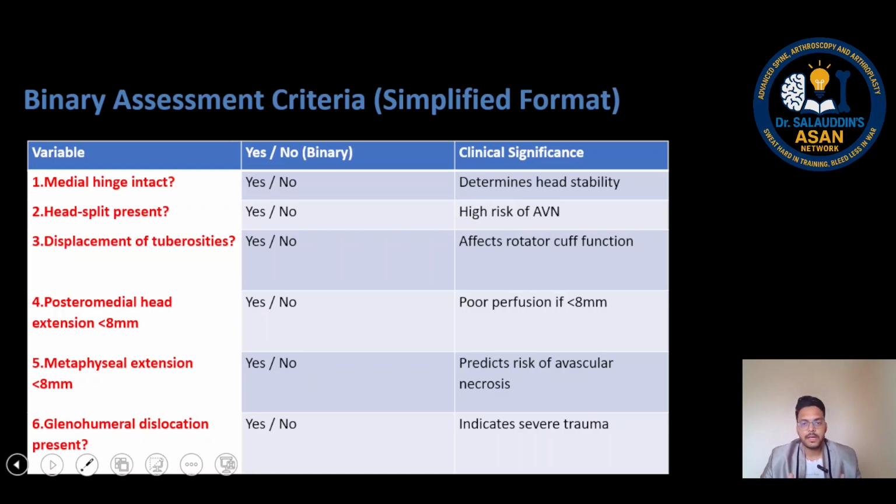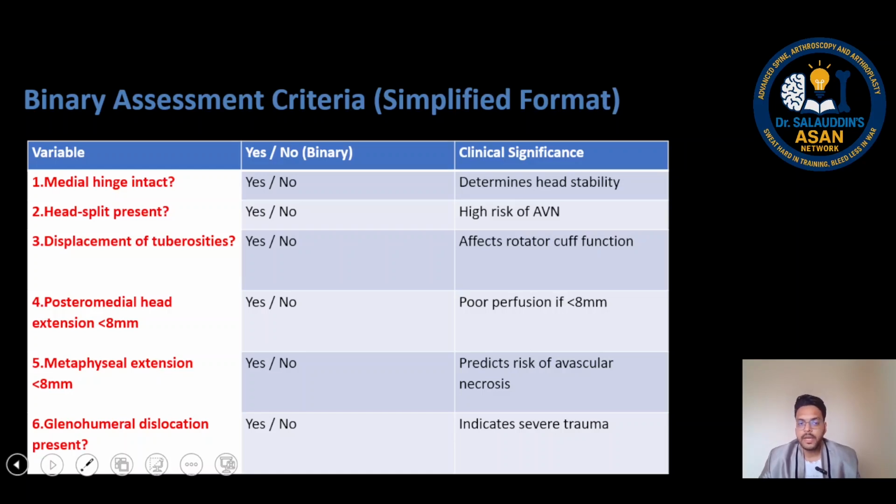Okay, so in a simplified format, this is the table. By seeing a proximal humerus fracture X-ray, we ask these questions in a binary, yes or no fashion. Whether the medial hinge is intact: if yes, the medial hinge is intact, then the head may be stable. If it is not intact, then the head is unstable. If the head split is present, there is high risk of avascular necrosis. If displacement of tuberosities is present, then the rotator cuff function is affected.